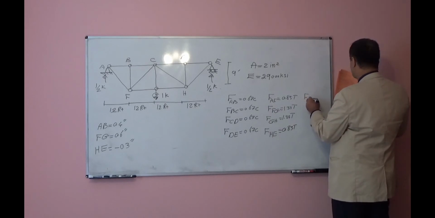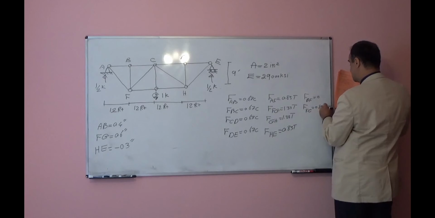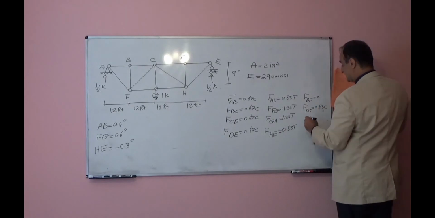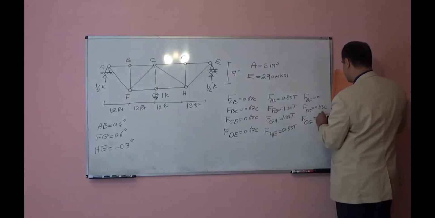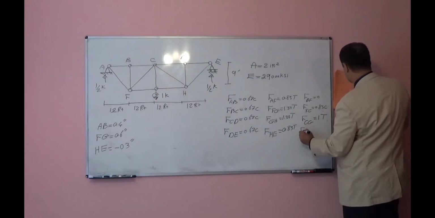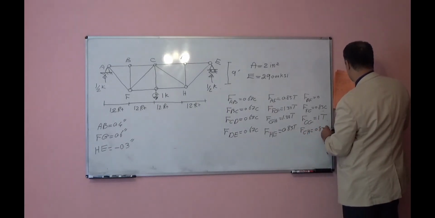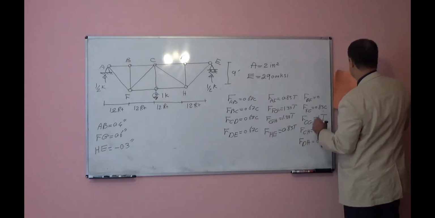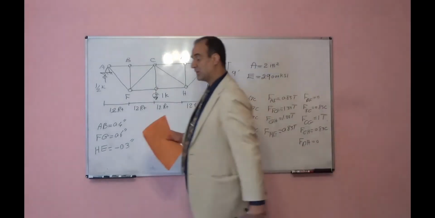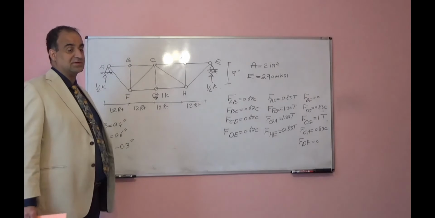Force in member BF will be 0, force in member FC will be 0.83 compression, force in member CG will be 1 tension, force in member CH will be 0.83 compression, force in member DH will be 0. So you apply unit load at the point of interest, and again you find all internal forces in all members.